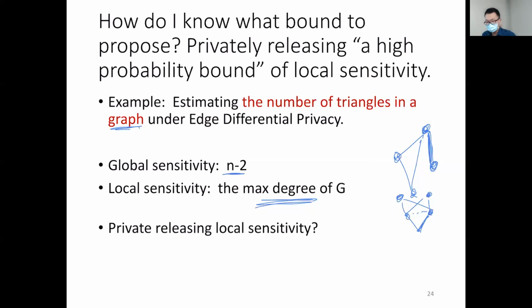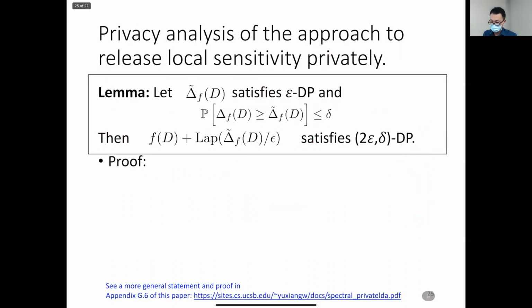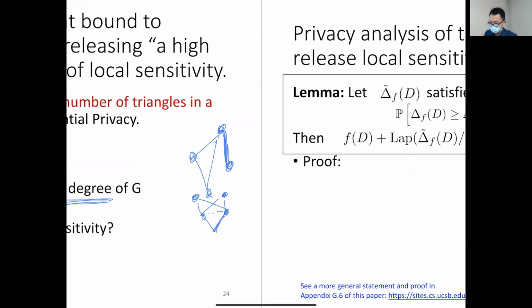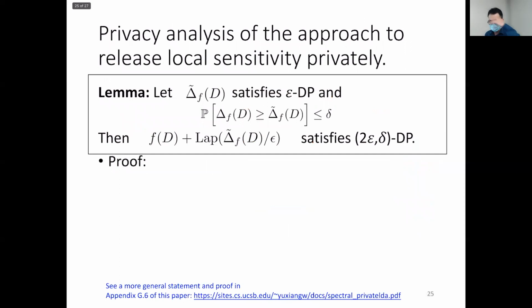To say it differently, the local sensitivity itself has a global sensitivity of 1. So if we write it down, the delta of the local sensitivity of Q itself is 1. So we can hope to privately release local sensitivity.